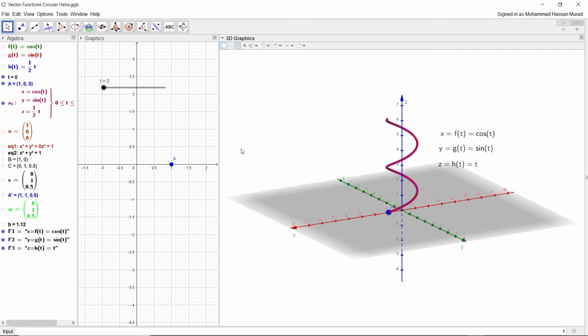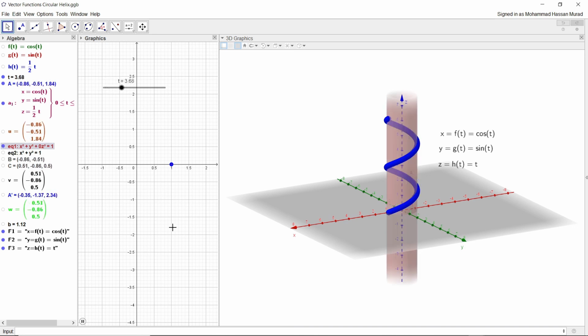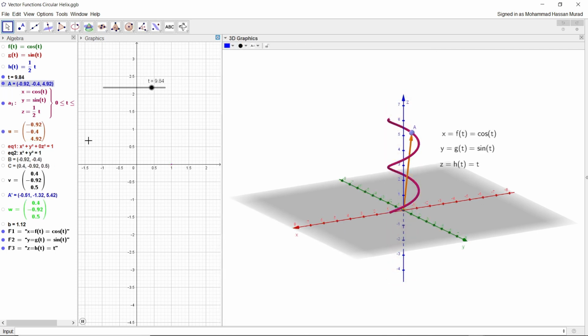So the points generate the helix. The helix is lying on the circular cylinder. Now we can also see the position vectors of the point A at different moments.